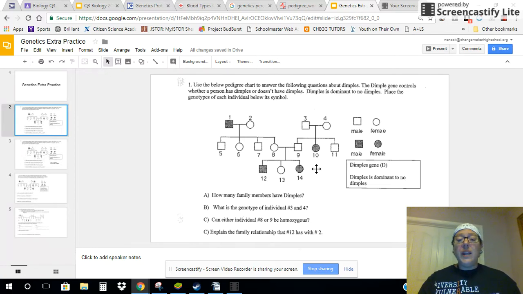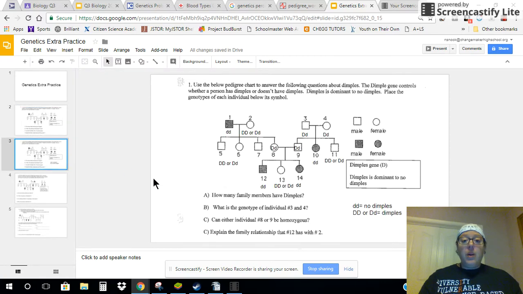So you have to read the problem carefully to catch little things like this, where it says dimples is dominant to no dimples, meaning that there should be more people in this pedigree that have dominant dimples. So those are the white shapes.